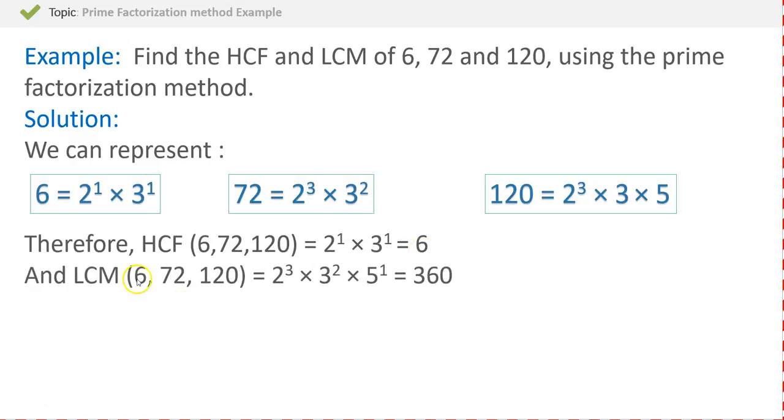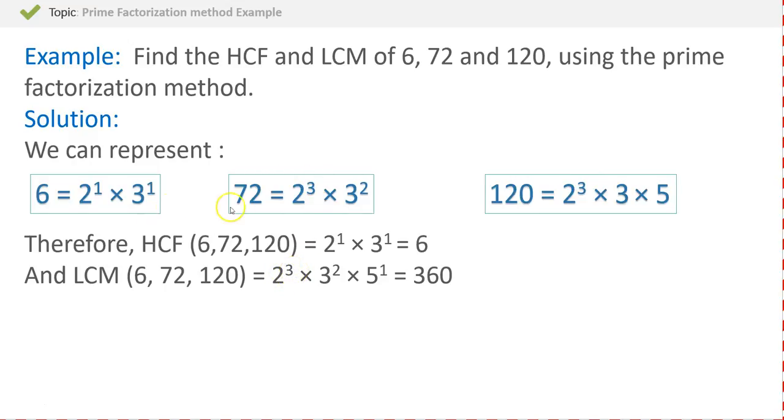Next, if I have to find the LCM of the three numbers, I'm going to look at the distinct prime numbers across all three numbers. I have 2, 3 here, 2, 3 here, and 2, 3 and an additional 5. So I'll say 2, 3, 5. Then I'll look at the maximum power of 2 between all three numbers, which is 3 in this case, and even in this case it is 3. So 2 to the power 3.